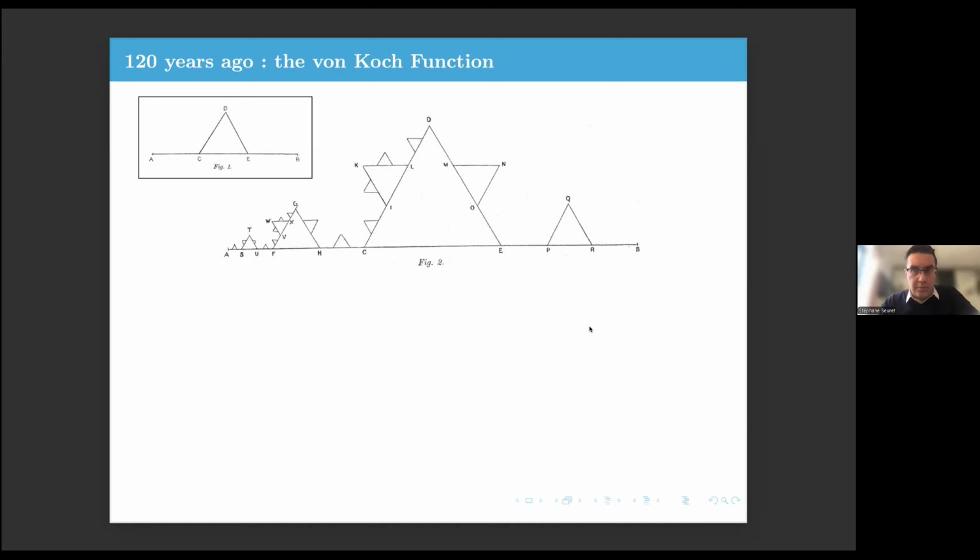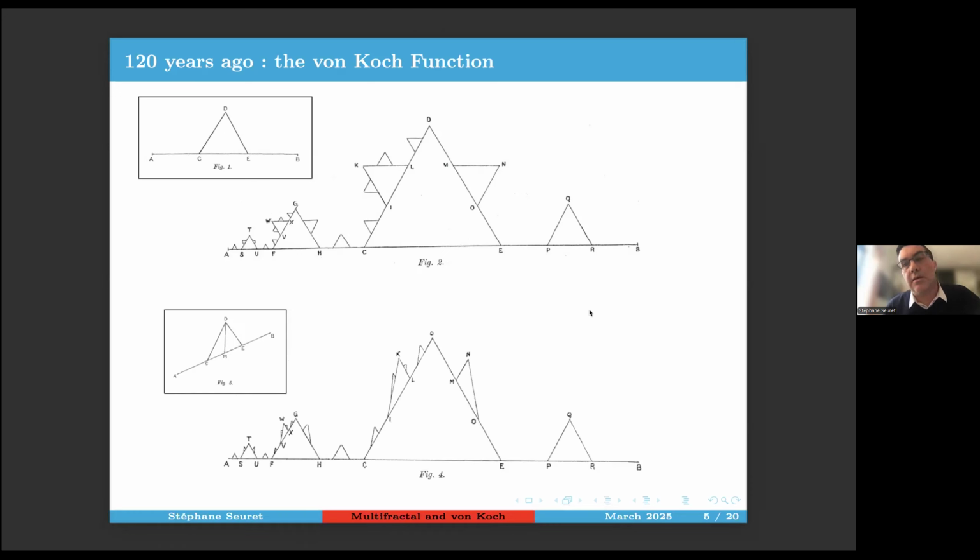But if you go a bit further in the article, then you can see the function, because of course the snowflake is not a function; it's not the curve of a function. So what Koch did is that he studied this instead. It's the same kind of object, except that now it's a function. So what does he do?